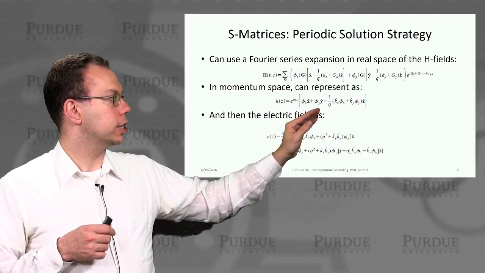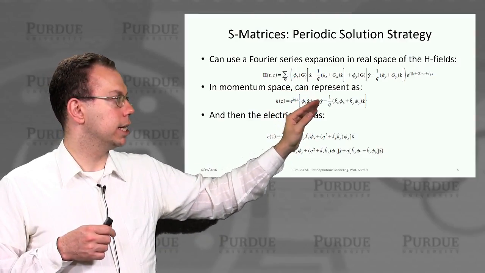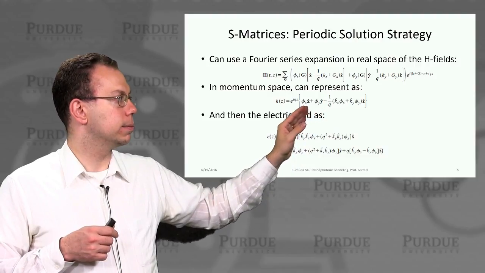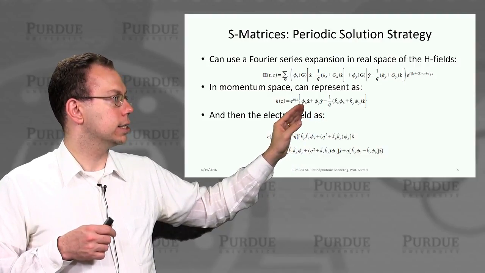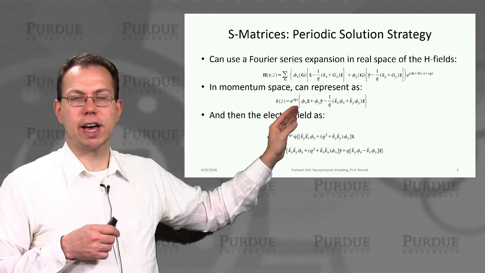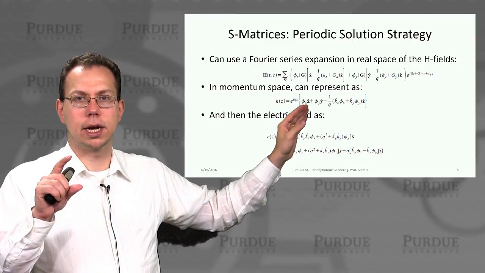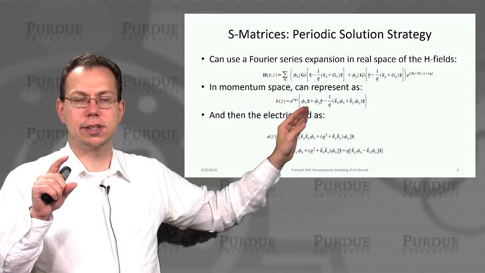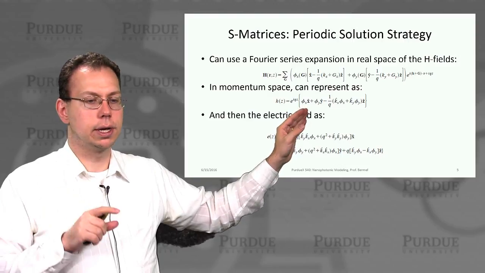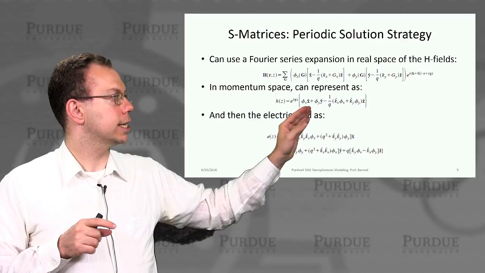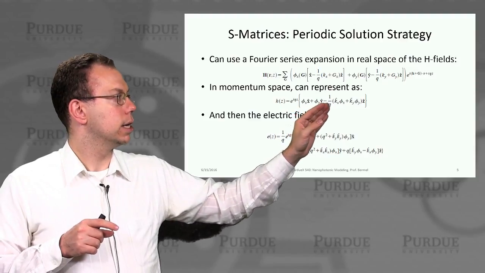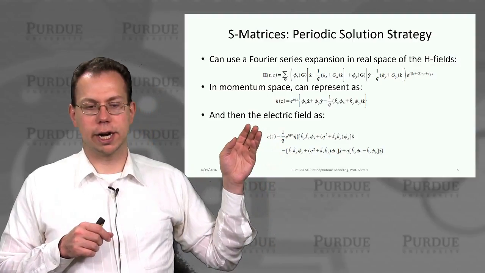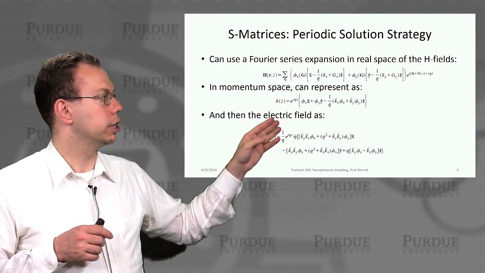And so you can simplify or combine these expressions into a more compact representation in momentum space that looks like this. You have a phase factor associated with the wave vector in the z direction, which we previously called beta, now we're calling q, times this phi x, x hat, phi y, y hat, and then we subtract this z component correction, which goes as 1 over q.